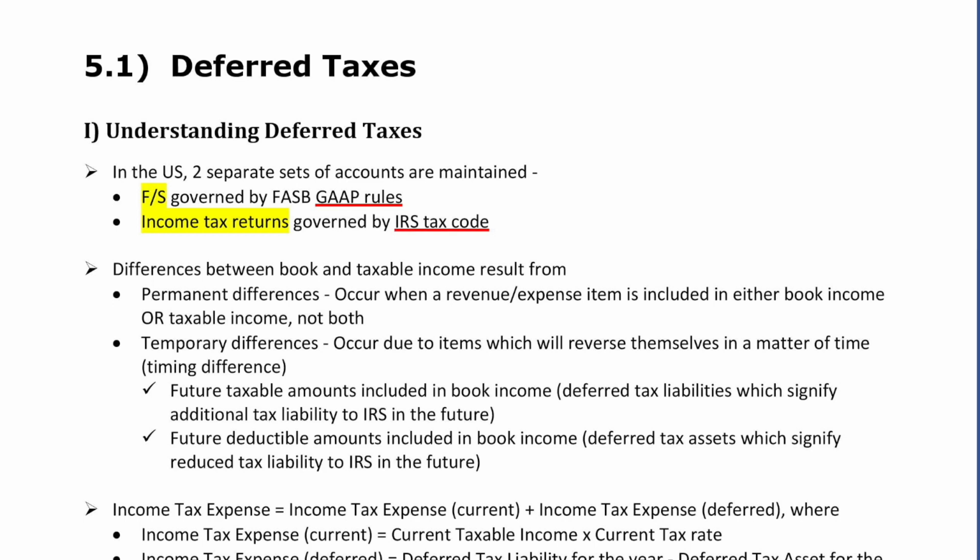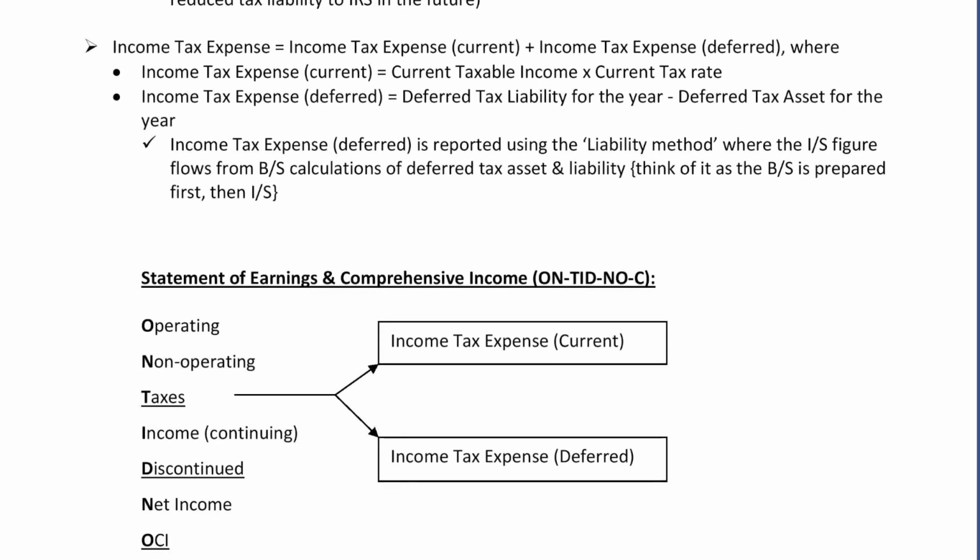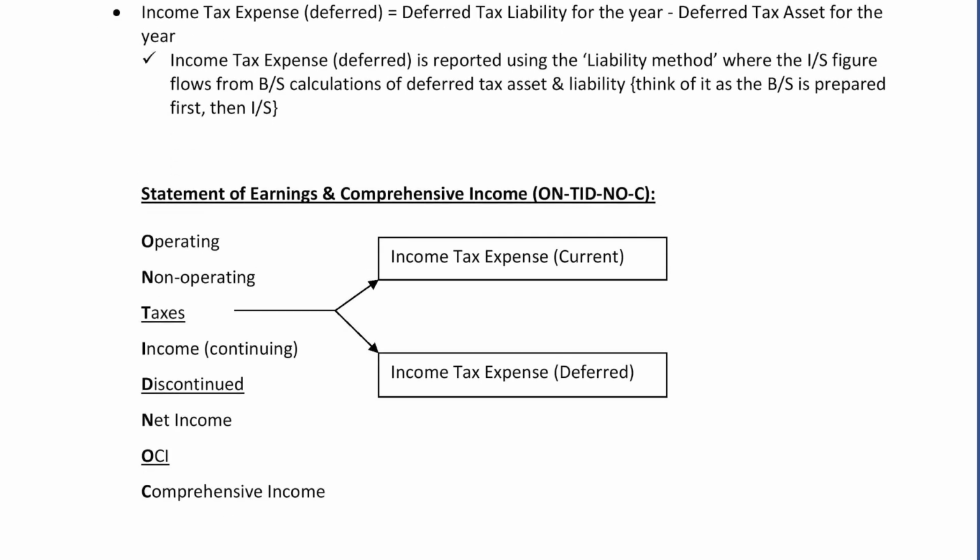Now come down towards the bottom of this page where we have an income statement. So you have on-tide, no-C. Now the T of on-tide, taxes, that could be income tax expense current or deferred. So highlight income tax expense current and also highlight income tax expense deferred.